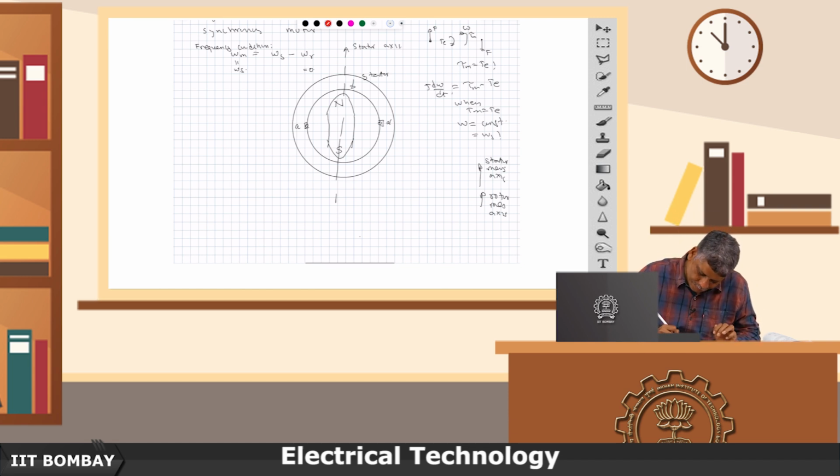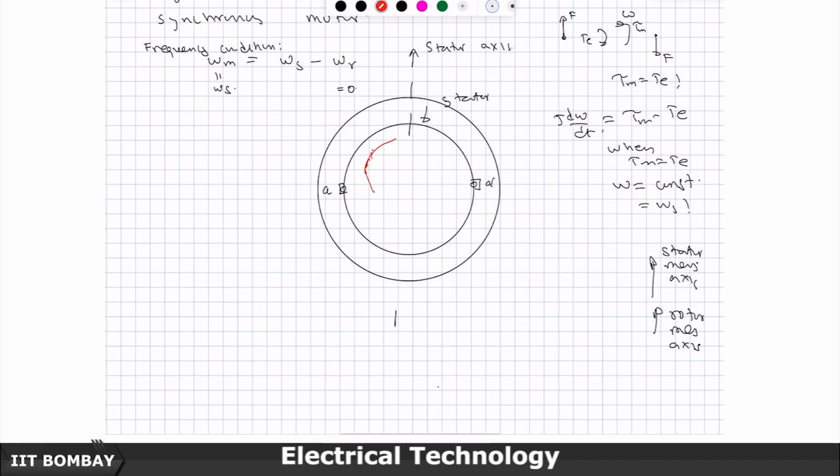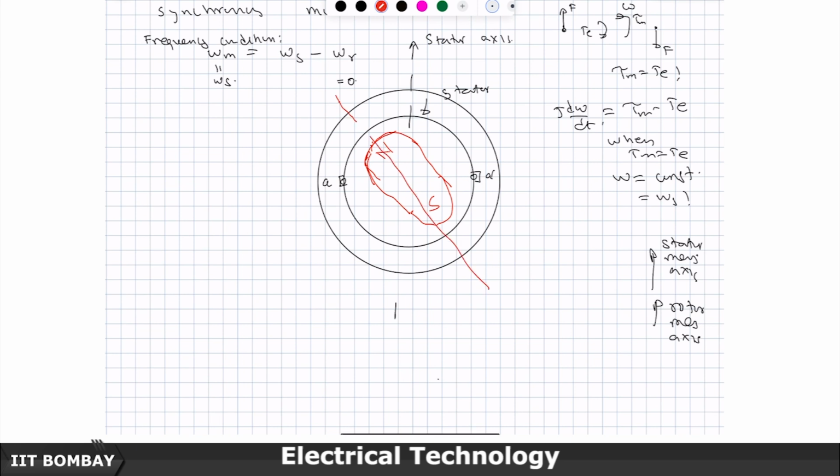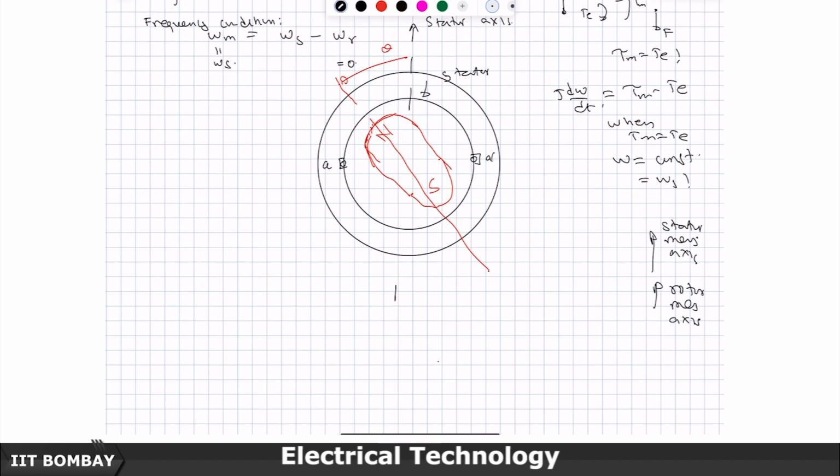But in general, because the rotor has to rotate, it is better to think of this tapered electromagnet making an angle theta with the stator magnetic axis.